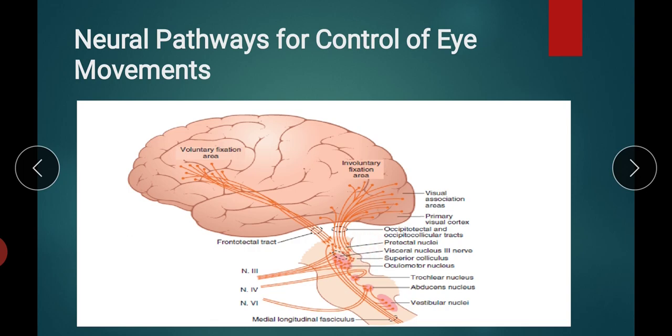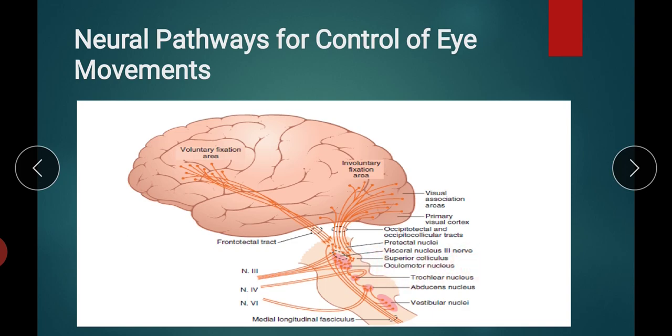Now, the superior colliculi we will discuss later in detail. It is important in all the involuntary or subconscious movements of the eyeball. There are several different subconscious movements of the eyeballs, which we will discuss later, and their control is mainly done by the superior colliculus.